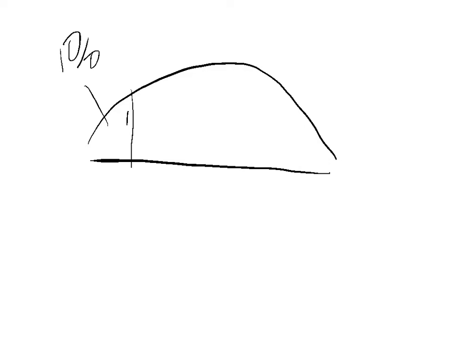Well, if it's a normal distribution, we know that the mean in the middle is 0, and we're looking for the z-score that cuts off. Let's say I have alpha equals 0.01. That would be a 1% level of significance.